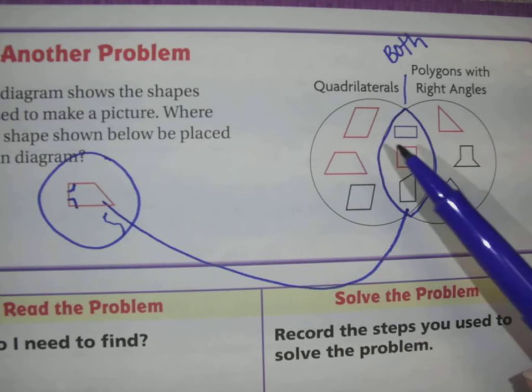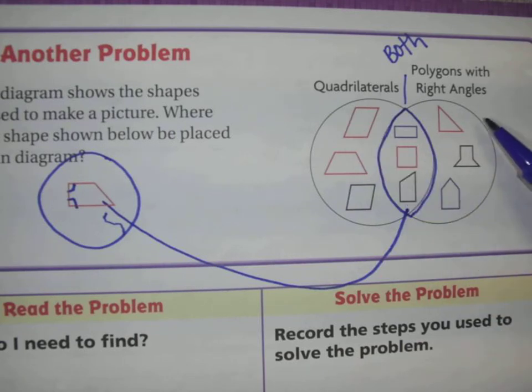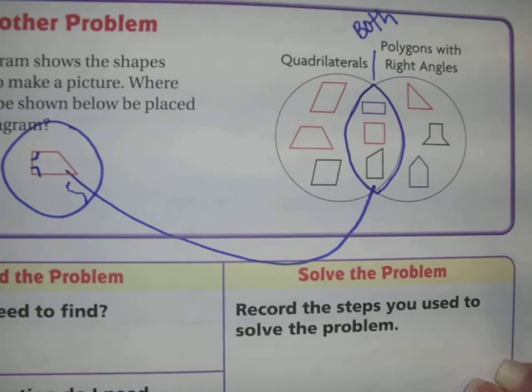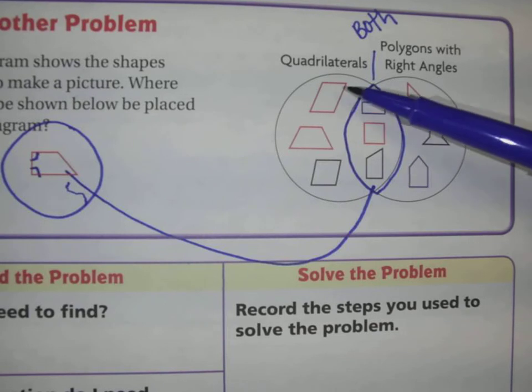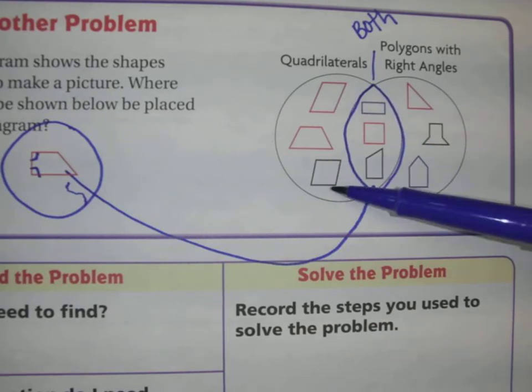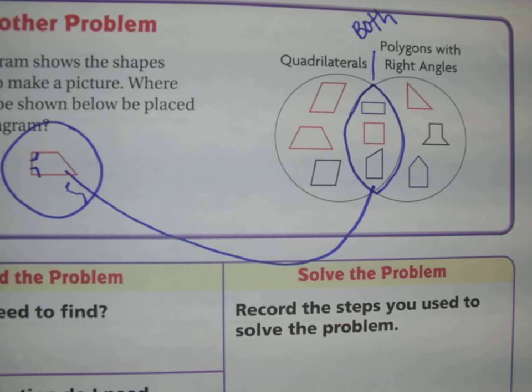It's a quadrilateral and it's a polygon with right angles. Okay? So how many shapes, boys and girls, let's look at that Venn diagram. How many shapes do not have right angles? Well, let's count. 1, 2, 3. These shapes right here are not quadrilaterals.